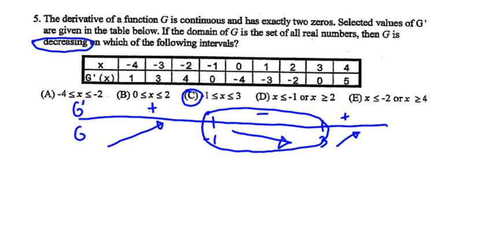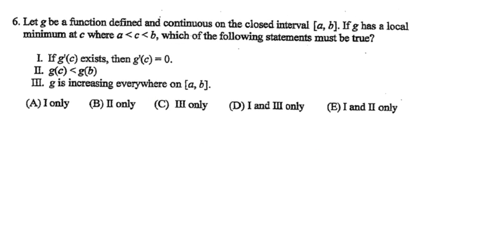Okay, on to problem 6. Let G be a function defined and continuous on the closed interval a to b. If G has a local minimum at C, where C is greater than A but less than B, which of the following statements must be true? 1: If G prime exists, then G prime of C must be equal to 0.